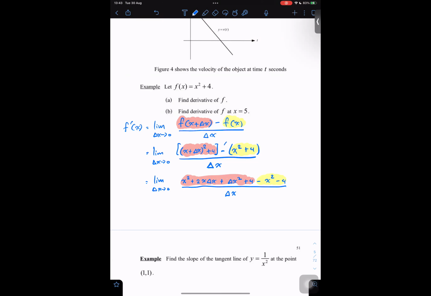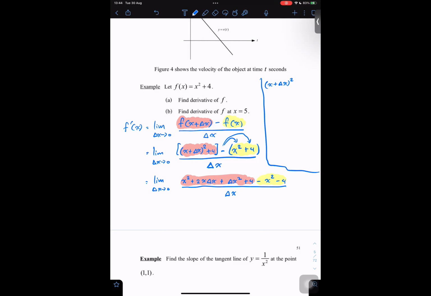For the yellow one, I just distribute minus into x squared and also to 4, so it becomes minus x squared minus 4. For the red one, I will just write here, so it's x plus delta x squared, right?